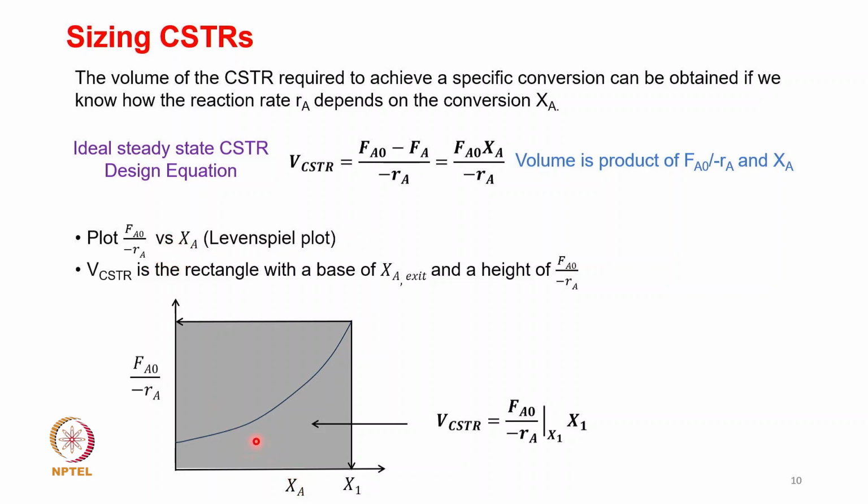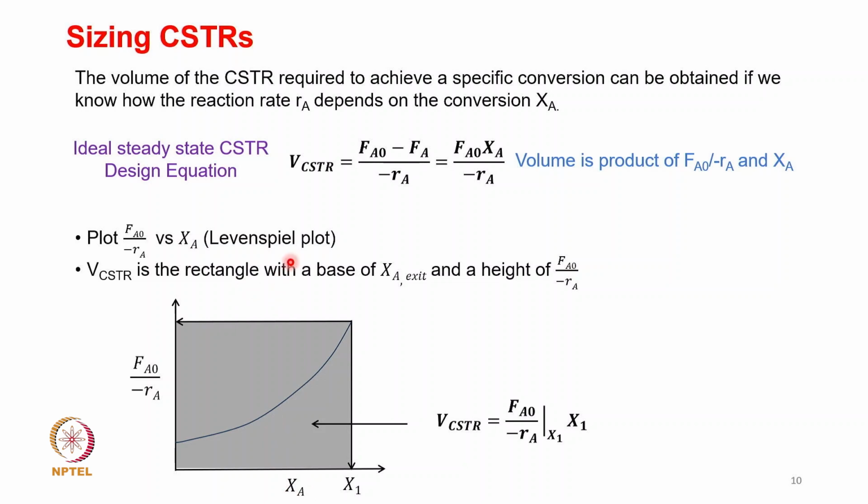So when we plot it, you could see that eventually it would result in a curve, but you can see the volume of the reactor is a product of FA naught by minus RA times XA. So the volume of the CSTR you could just extract as this particular rectangle, because this part is FA naught by minus RA and this part is XA.